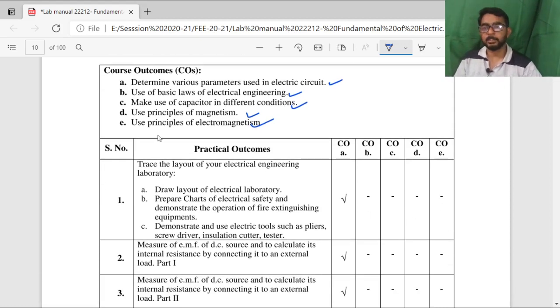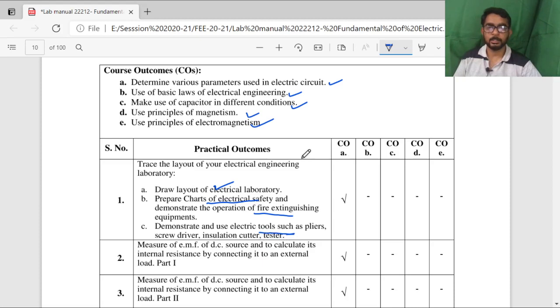Practical number 1 is: trace your electrical engineering laboratory. Draw the layout of the electrical engineering laboratory, prepare the charts for safety and demonstrate the operation of fire extinguishing equipment, and demonstrate the use of electric tools such as pliers, screwdriver, insulator, cutter and tester.